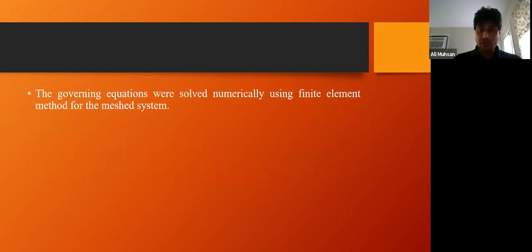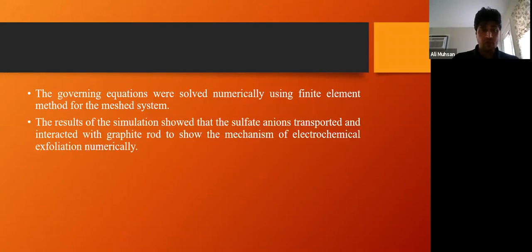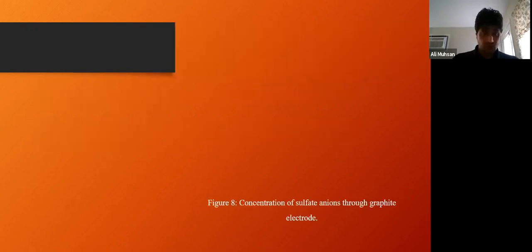The governing equations were solved numerically using the finite element method for the mesh system. The simulation showed that the sulfide anions are transported and interact with the graphite rod, showing the mechanism of the electrochemical exfoliation numerically.